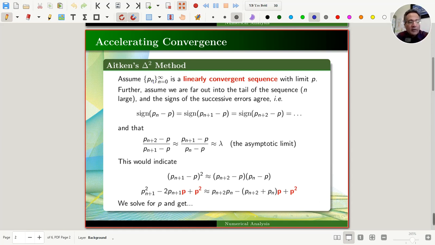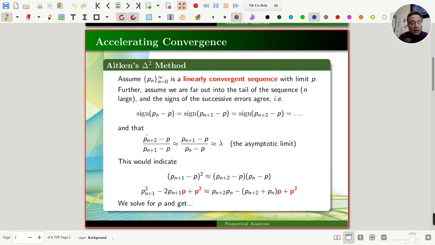This means that Pn converges to P, for example, linearly. Also, let the sign of the difference between Pn and P, Pn+1 and P, Pn+2 and P, and so on be the same. It means all the signs are positive or negative.